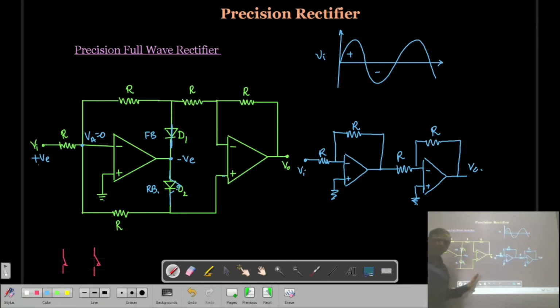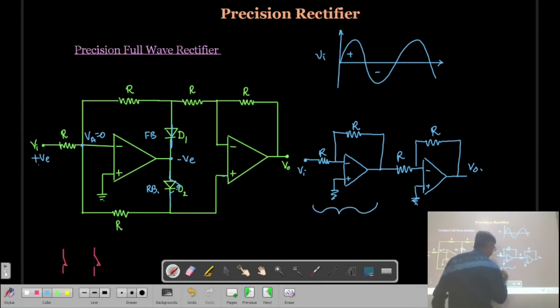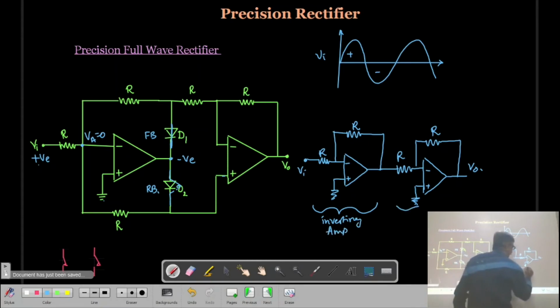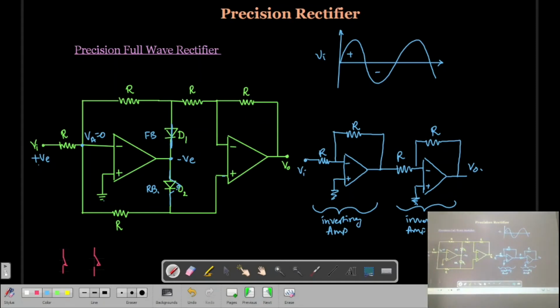So, when the positive cycle is applied, D1 is in forward bias, D2 is in reverse bias, and my simplified circuit is this. This is nothing but an inverting amplifier, and here we have a second stage of the inverting amplifier. What is the gain of this inverting amplifier?